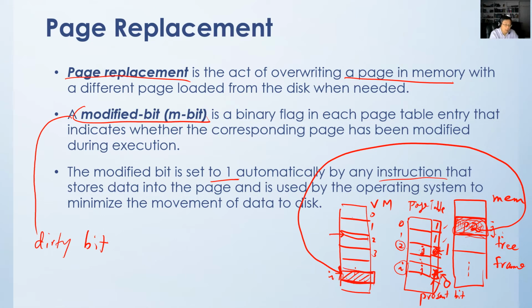So in that case, you don't need to do the copy, right? You can just kick page I out, because later on, when the program needs page I again, you just load page I from the virtual memory back. You don't have to worry about whether page I should be copied back or not, because it's never been updated. So that modified bit is very useful. It's going to save a lot of time.